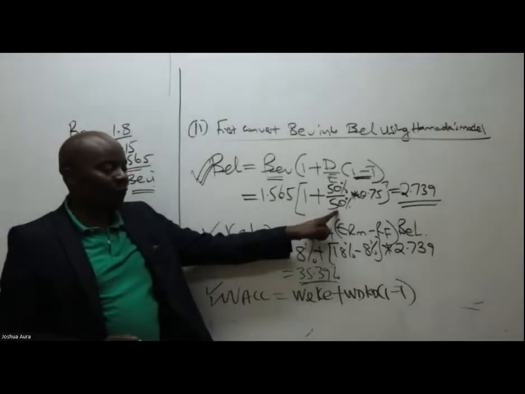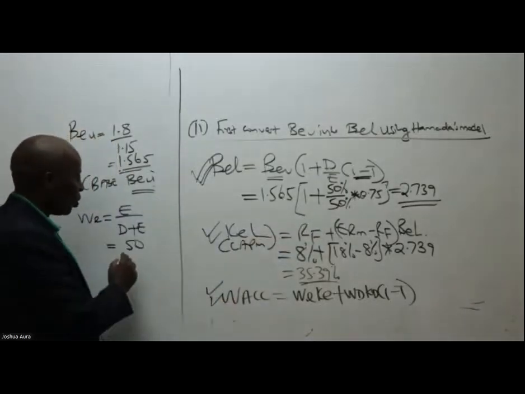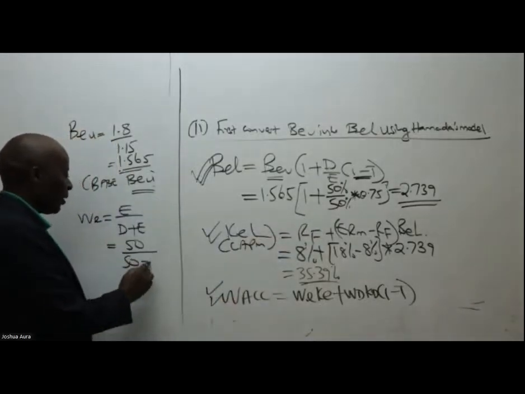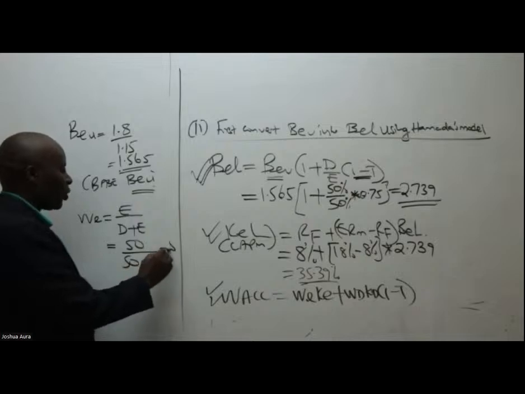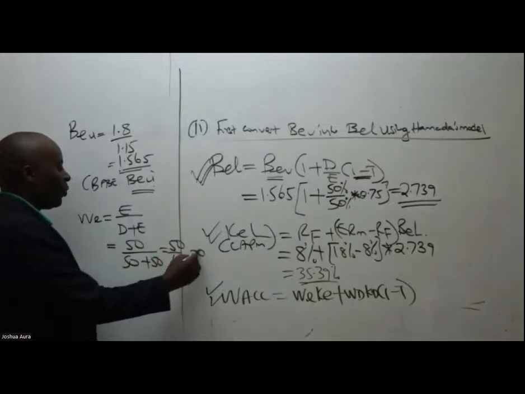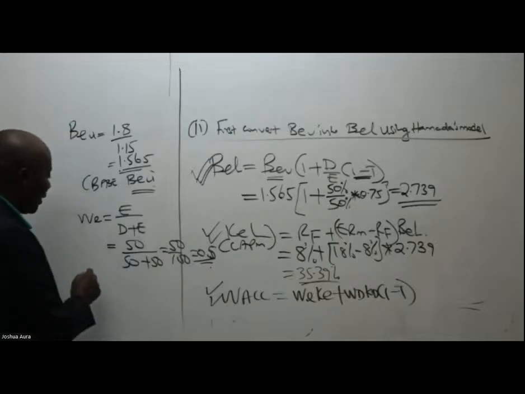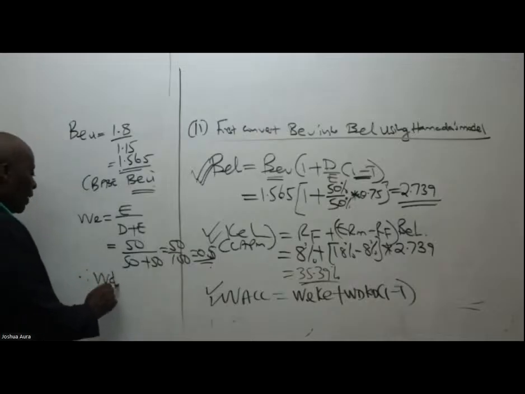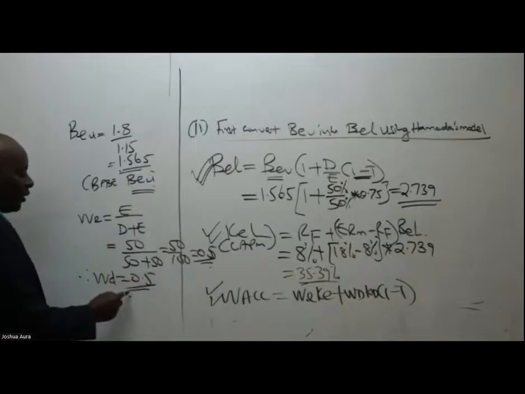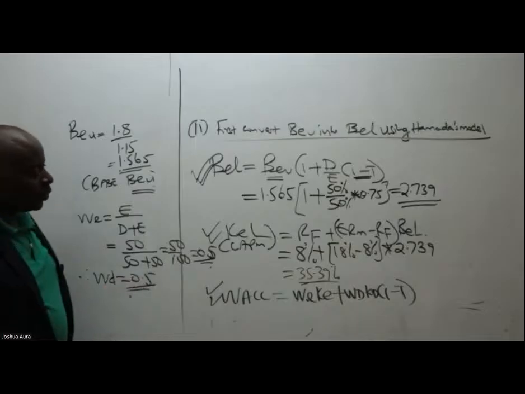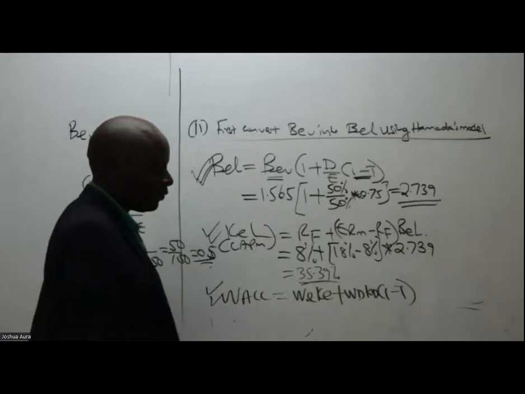All over debt, which is 50, plus equity, which is 50. So this will be 50 over 100, which is 0.5. And the moment I've gotten the weight of equity, the weight of debt will also be 0.5.